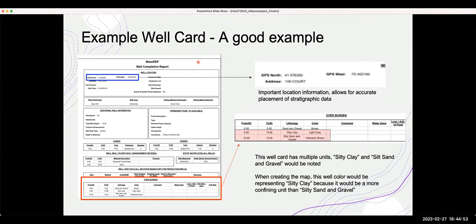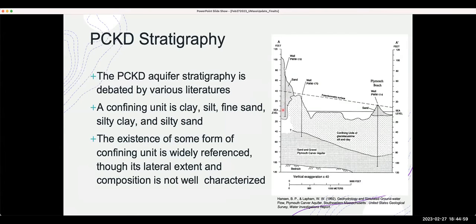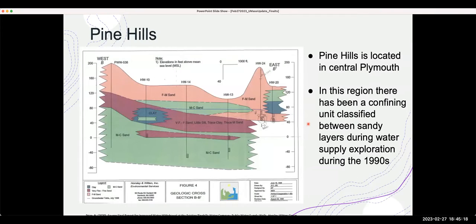Yes, yeah, and part of that's informed in some of the wells, and one of the things that we know from the region of downtown Plymouth is that there is a pretty laterally continuous confining unit there from those particular holes. And then we've augmented that with different pieces of information. We've interacted quite a bit with Neil Price, who's at Horsley Witten, who was the chief hydrogeologist on all the Pine Hills exploration, has also worked for the town of Plymouth.